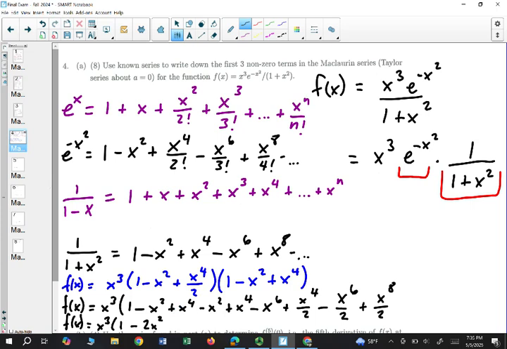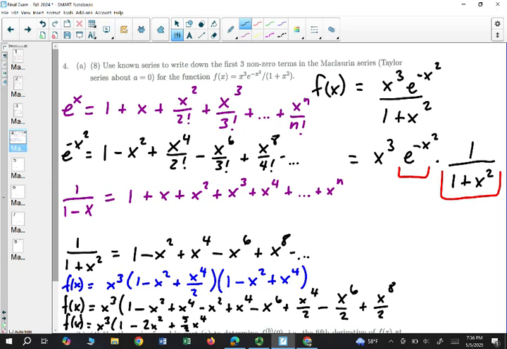And then we have x to the 4ths. We have x to the 4th plus x to the 4th plus a half x to the 4th. So that's 1, 2, 2.5. So 5 over 2. So plus 5 over 2 x to the 4th.